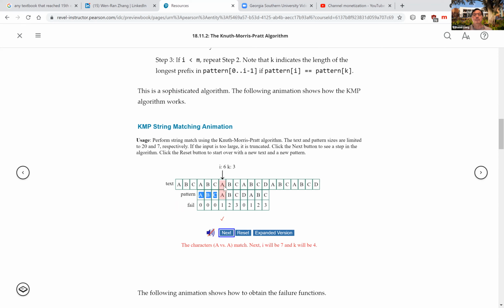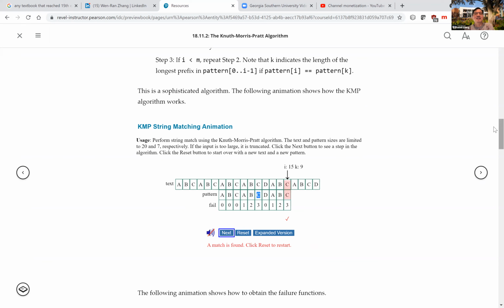Then we continue, compare: A match, B match, C match, but now it doesn't match. Here again, the previous one's failure is 3, so we slide 3 right here. Now we continue: match, match, match, match, match, match. All right, so everything matches.